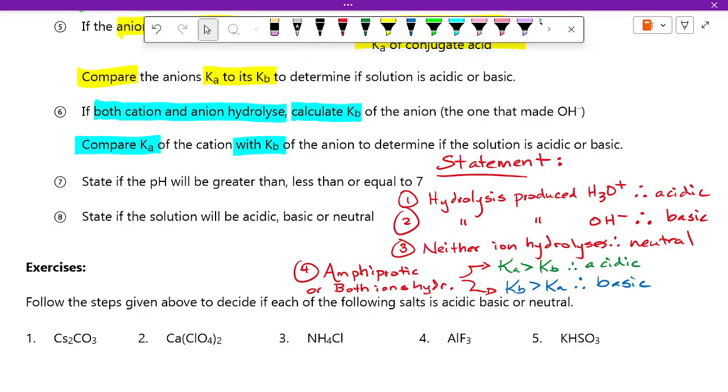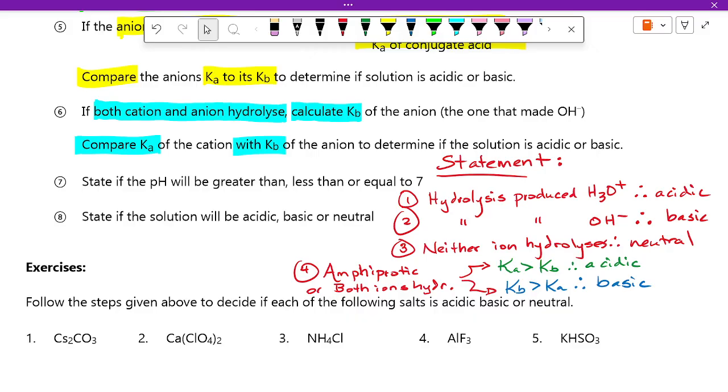Okay, that one is not amphiprotic, so. Ironically, question 3, I would say that's associated right on the hydrolysis reaction.